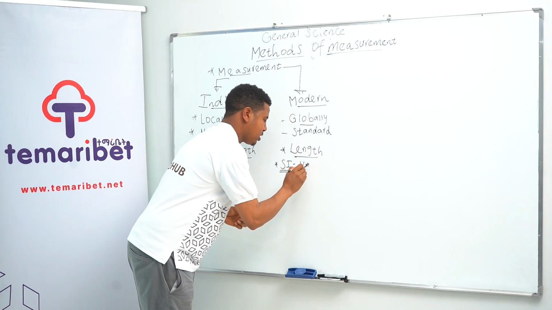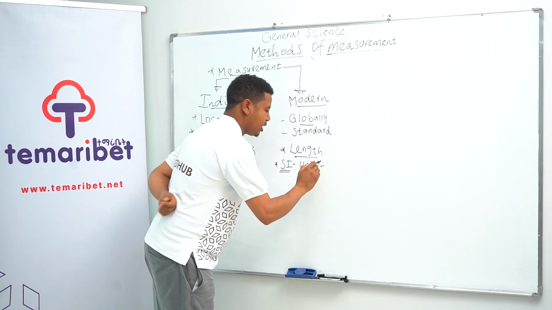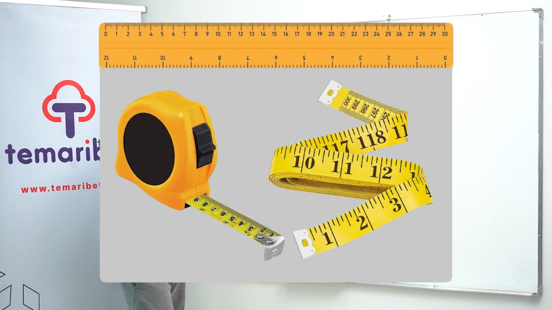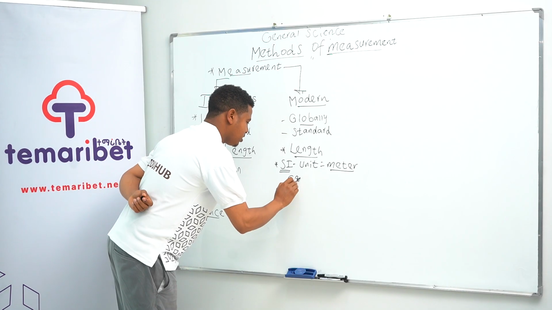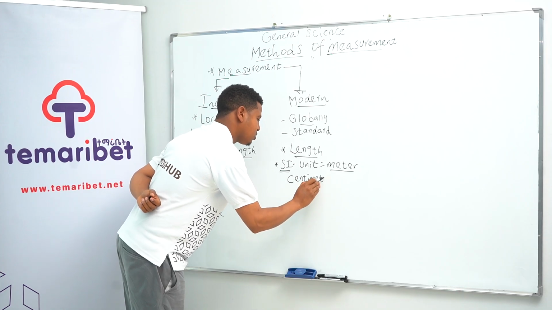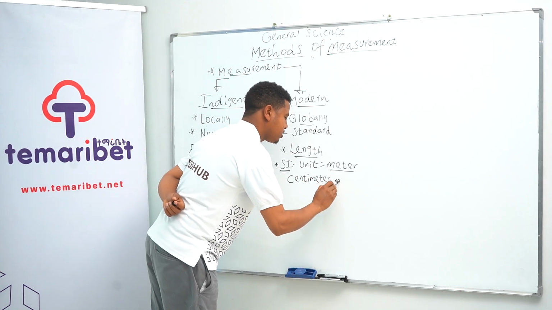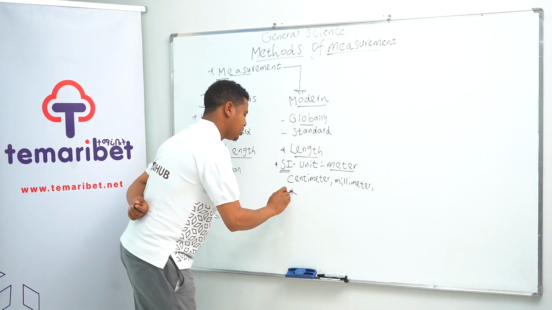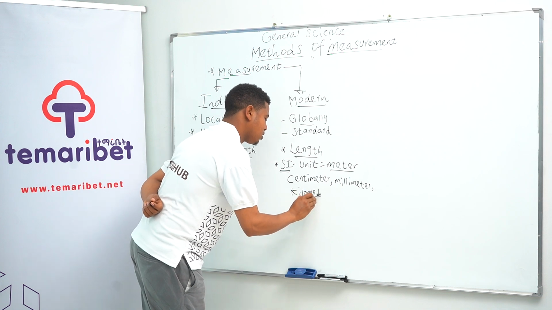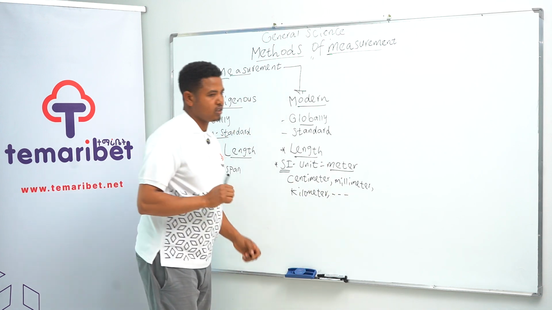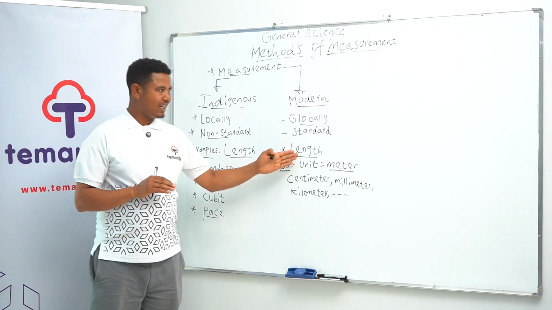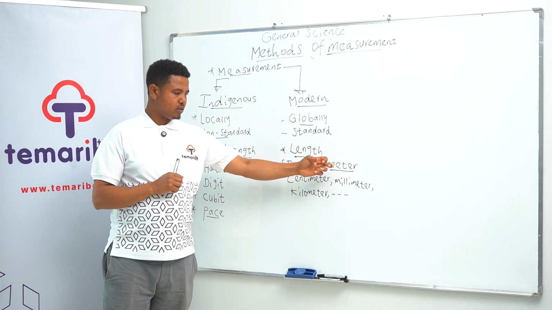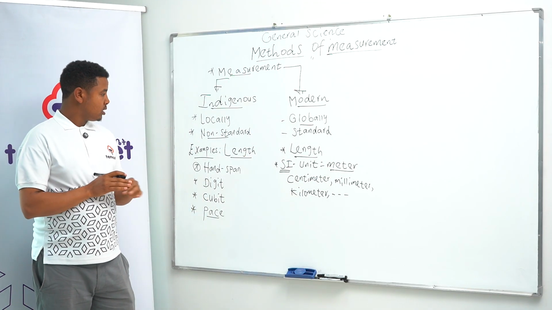The SI unit of length is meter, and there are other non-SI units, like we can measure in terms of centimeter, millimeter, kilometer, and etc. There are a lot for the length as well in modern units, which can be obtained by using a device, meter by meter.